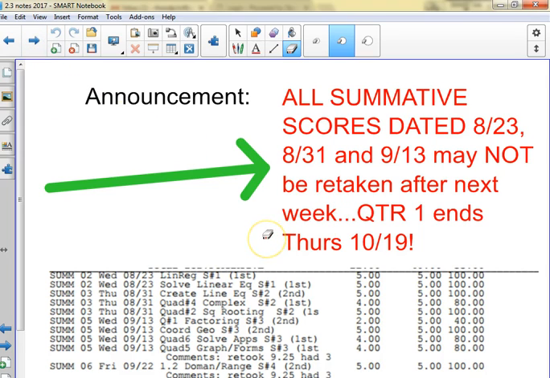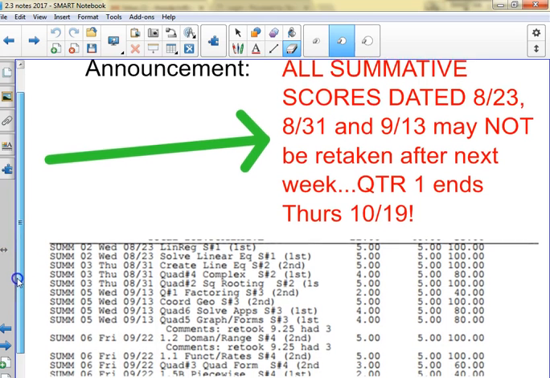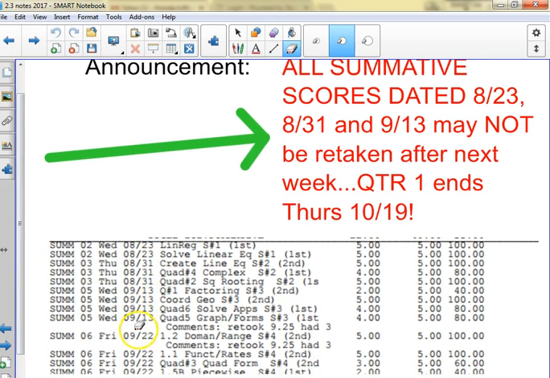If you weren't here Friday, or honestly, I can't remember if I even told this class on Friday, but if you are in Skyward and you have summative scores from the 23rd to the 31st or the 13th of November, you need to get those retaken this week if anybody still wants to retake anything. Any questions about that?